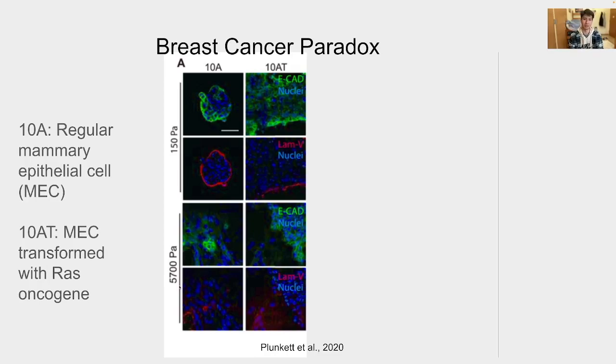But this time, they also cultured a mammary epithelial cell line transformed with a RAS oncogene, which they designated as 10AT. So we have this 10A cell line and a 10AT cell line. Interestingly enough, they found that the 10AT cell line was undergoing EMT regardless of matrix stiffness.